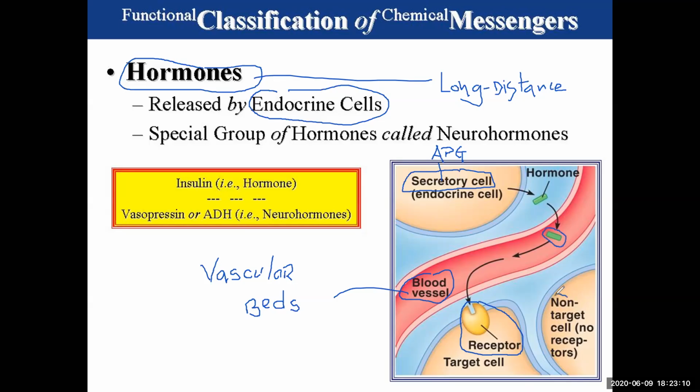This non-target cell doesn't have the receptor, so it remains oblivious to that chemical messenger. No receptor, no response, even though we have the chemical messenger.